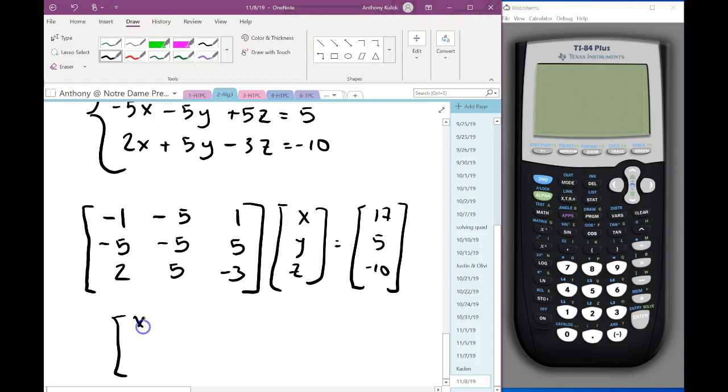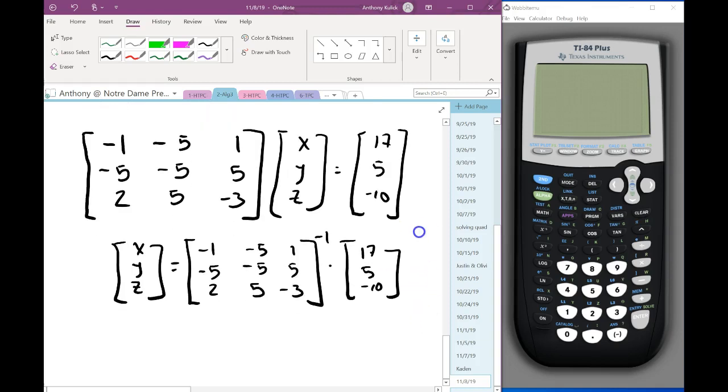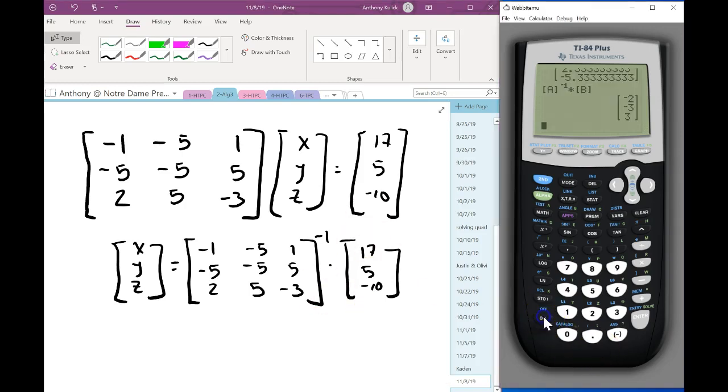So the solution to this then is going to be A inverse times B. And then from here, I'm just going to use my calculator to perform that matrix operation.